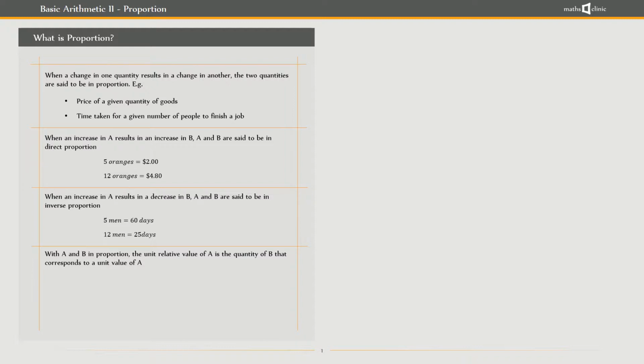So if you had 5 meters of wire costing $40, the unit relative value in this case would be the cost of 1 meter of wire, and that would be $8. It's very important when you're doing proportion to know the corresponding value of a unit value of the first quantity.